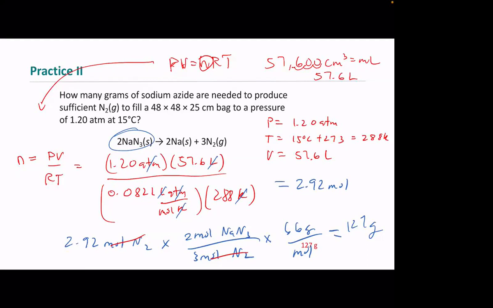I think Houston got 126 something. 288, 0.0821, 57.6, 1.2. And maybe if you didn't round this here, you left it in your calculator, you might get a slightly different answer. Everybody understands how we did it? Okay.